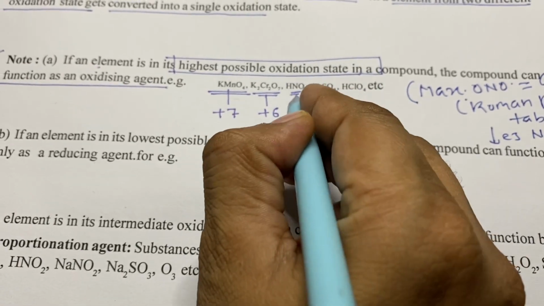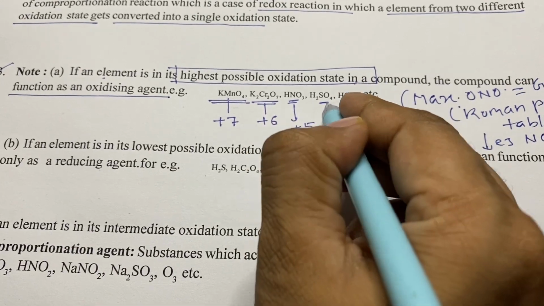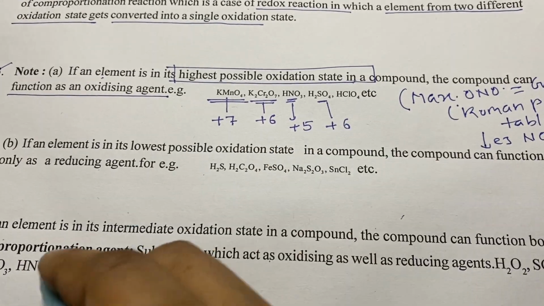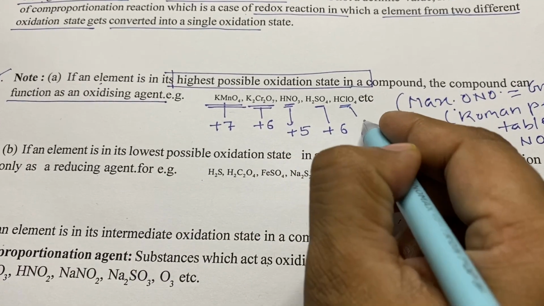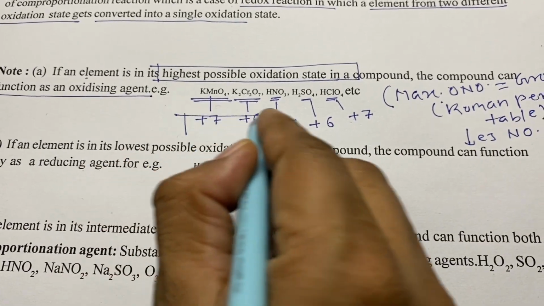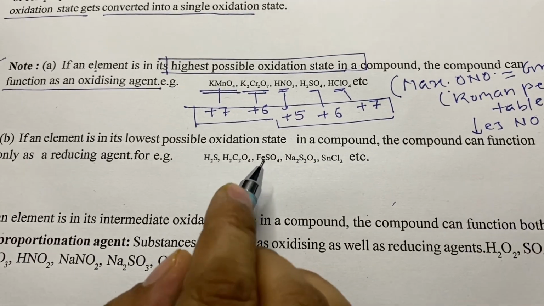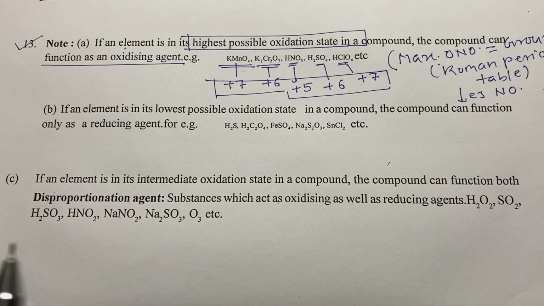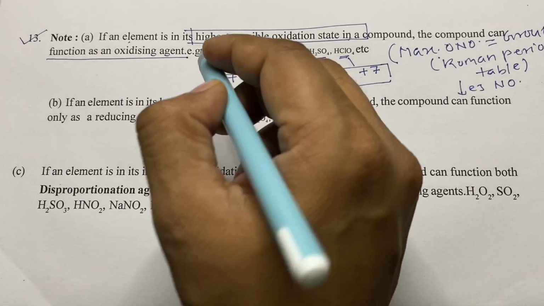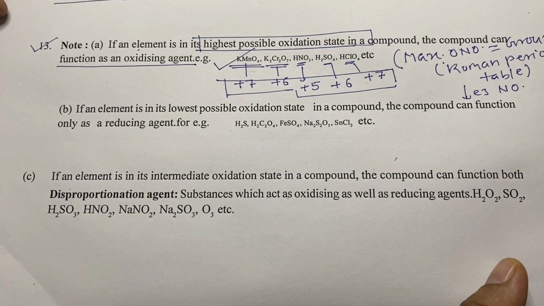In HNO3, nitrogen is present in +5 oxidation state. In H2SO4, sulfur is present in +6, and in HClO4 chlorine is present in +7, which is the respective highest oxidation state of the given elements. So these elements can only show the decrease in oxidation number, so these always act as oxidizing agents.